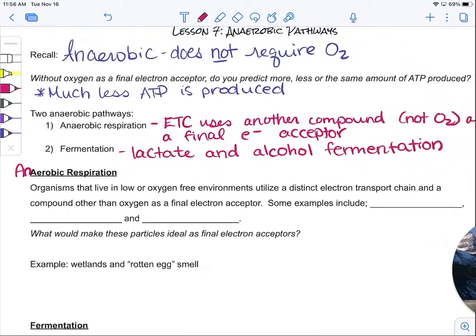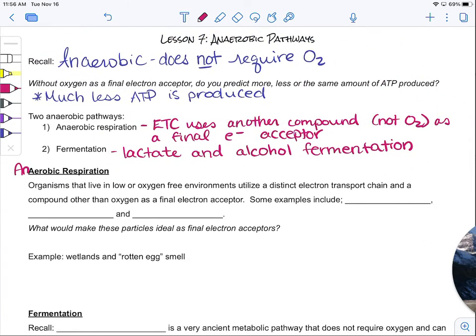So anaerobic respiration. This is a good option for organisms living in low or oxygen-free environments. They can use their own distinct electron transport chain and a compound other than oxygen as a final electron acceptor. A great example of that is sulfur. So sulfur is one example.